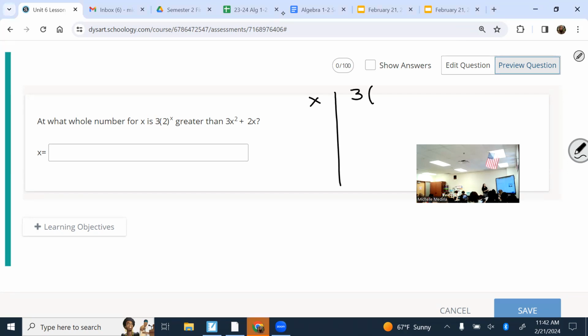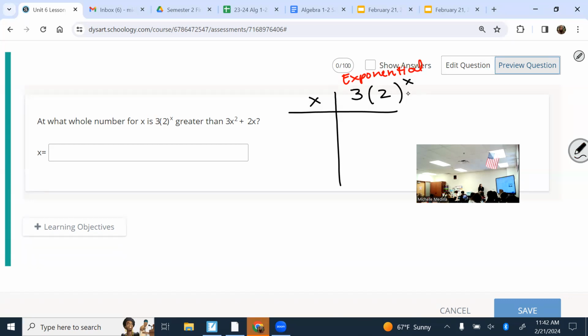What do we call this type of function? Is it linear, exponential, or quadratic? It's exponential because the variable is the exponent itself.